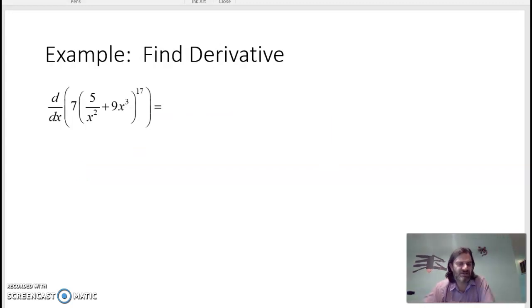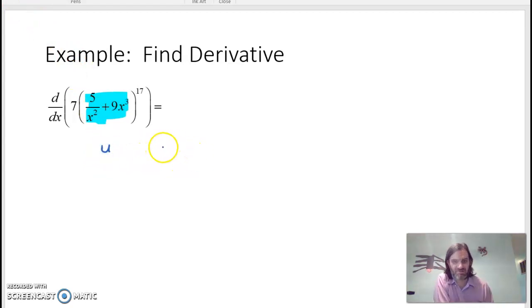Another example here is 7 times the quantity of 5 over x squared plus 9x cubed all to the 17th. So once again, this is a power function. Something is being raised to the 17th, so that something inside there must be the u, or the g if you like.